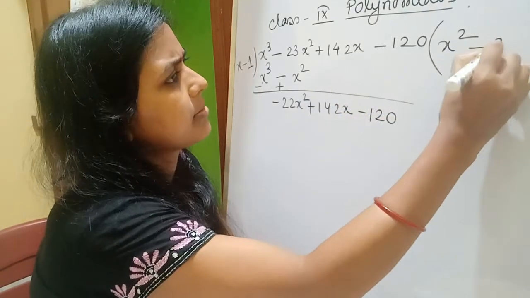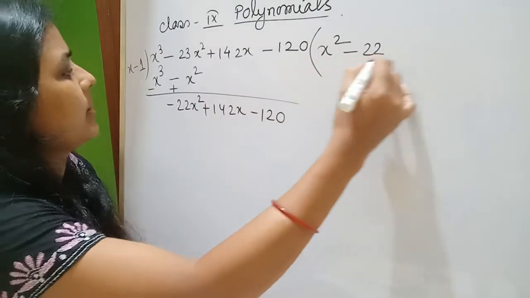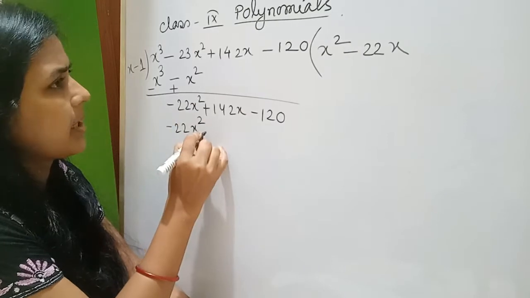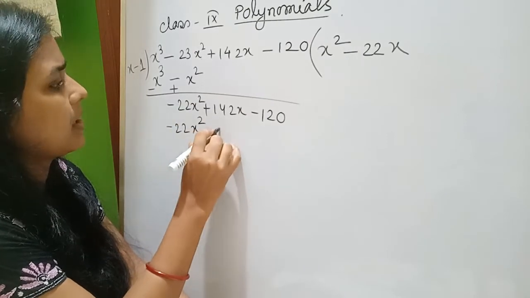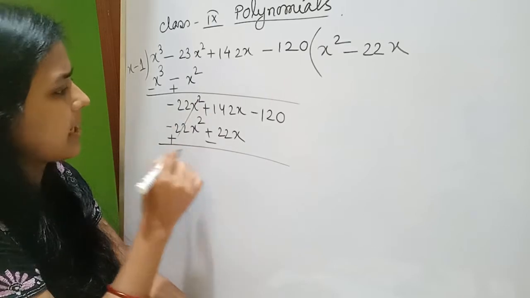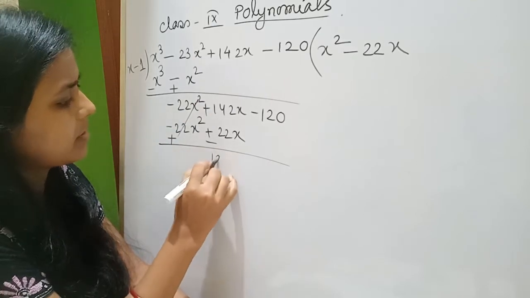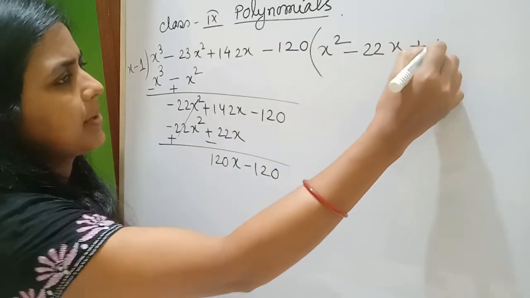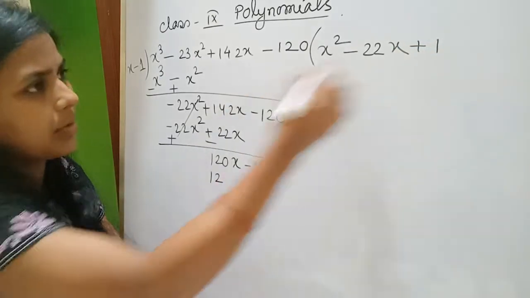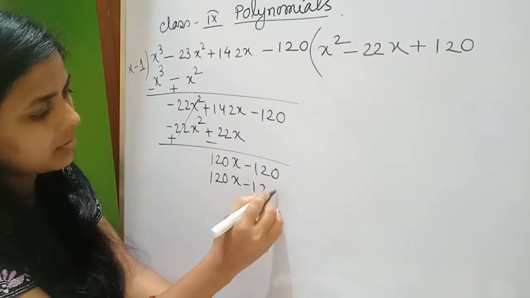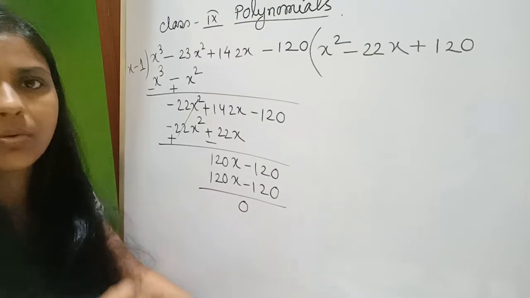So it's minus 22x square and plus 22x, so it's minus, plus cancelled. This one is 120x minus 120, so it's plus 120x minus 120 and 0.